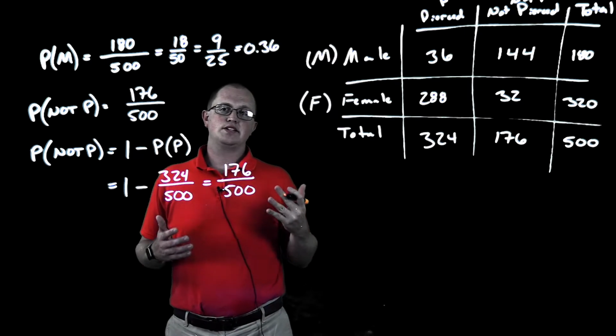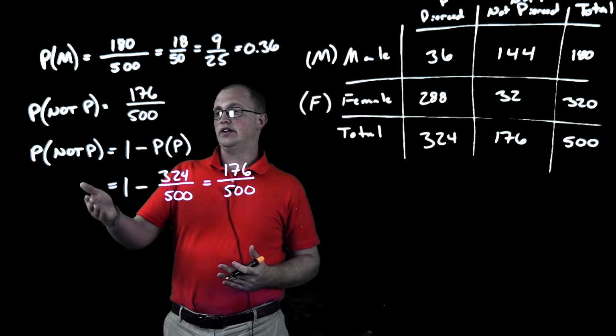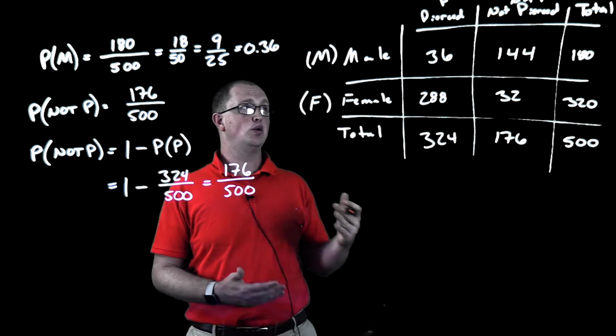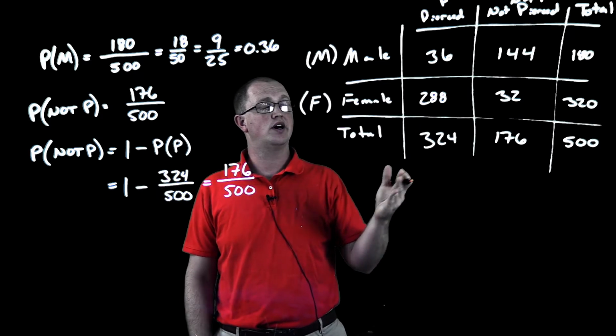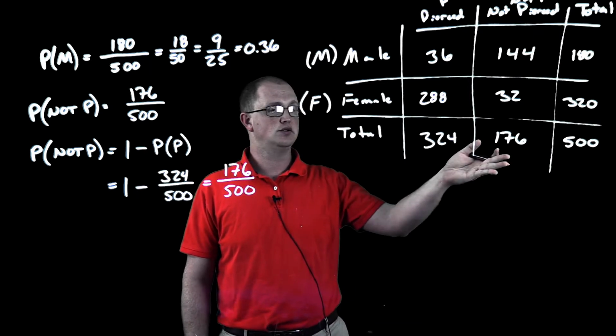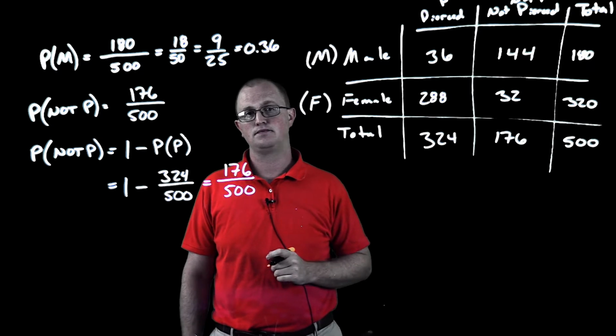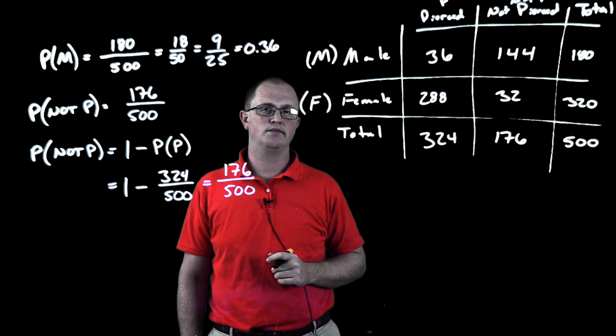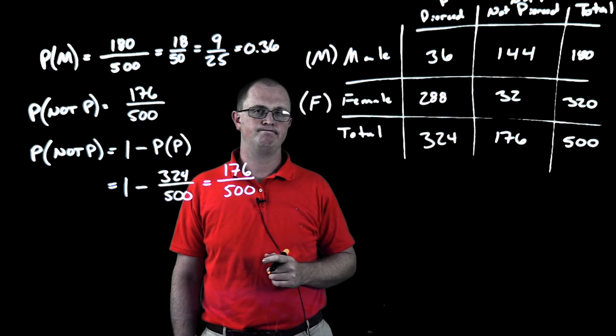So if we want to ask the probability of a single event, we look at how many total people said that. So what is the total out of the appropriate row or column, depending on the event, out of the total number of respondents. But what if we want to ask something a little more complicated?